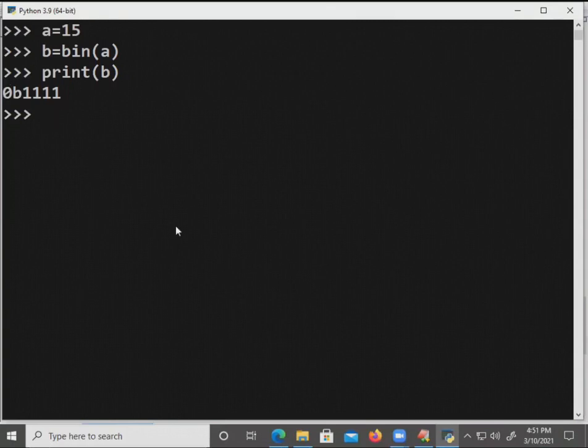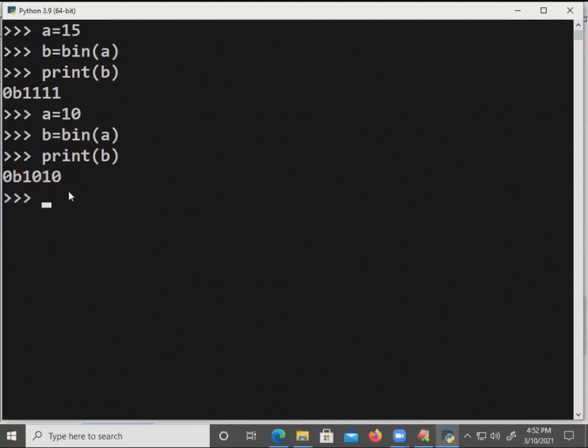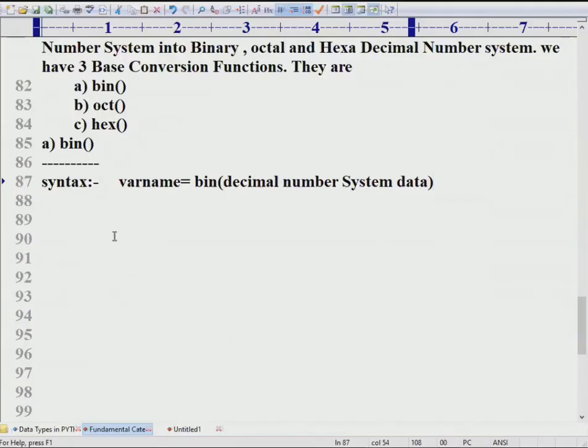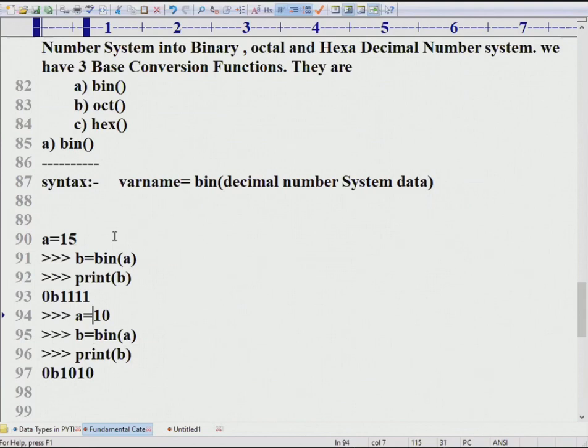Are you okay? Now A is equal to 10, and I write bin of A and print of B. 0b1010 will be printed. Am I clear about that? So what is the purpose of the bin function? Converting a decimal number system value into binary format.